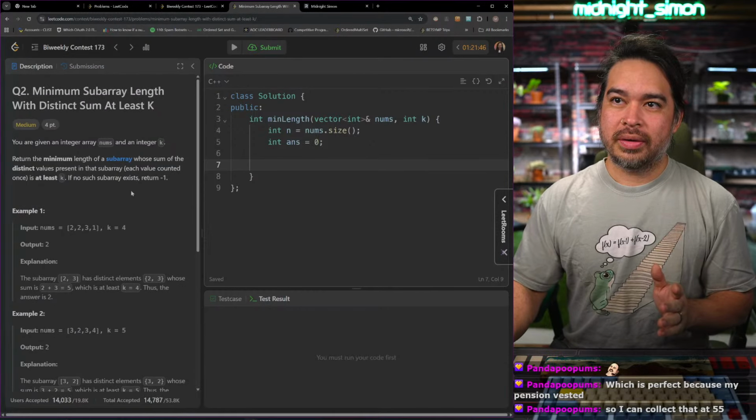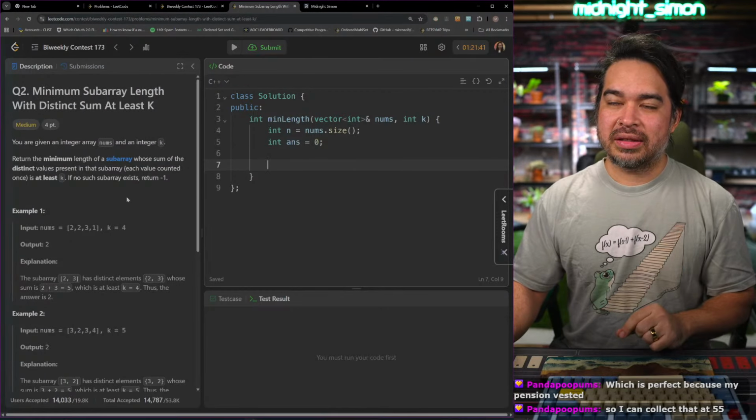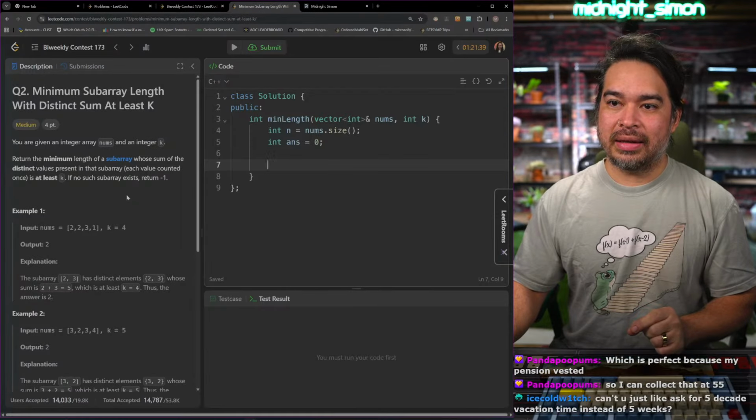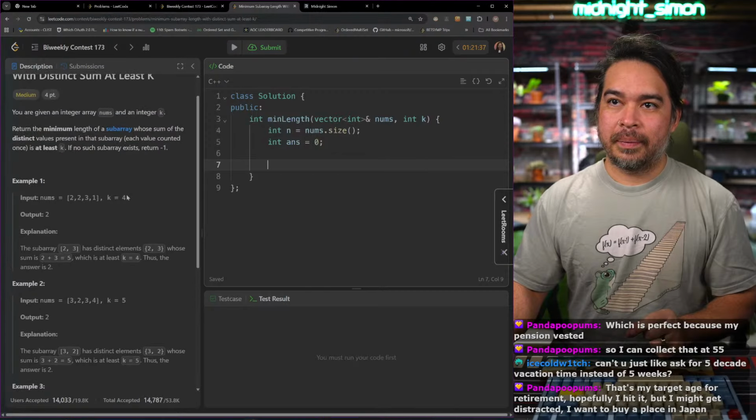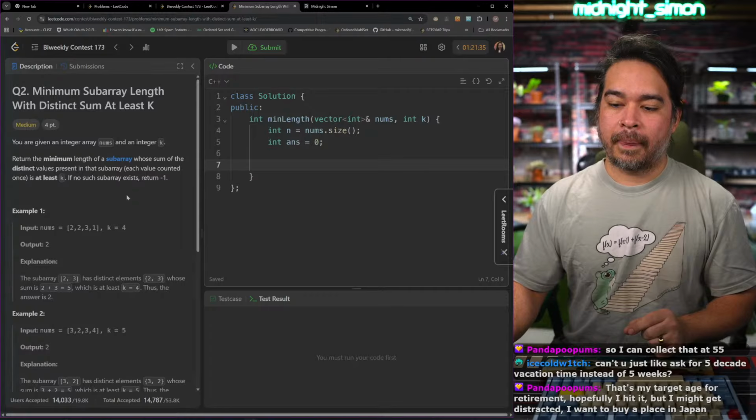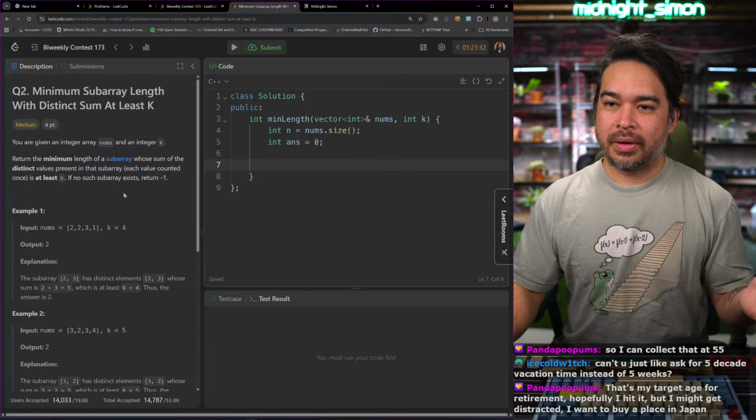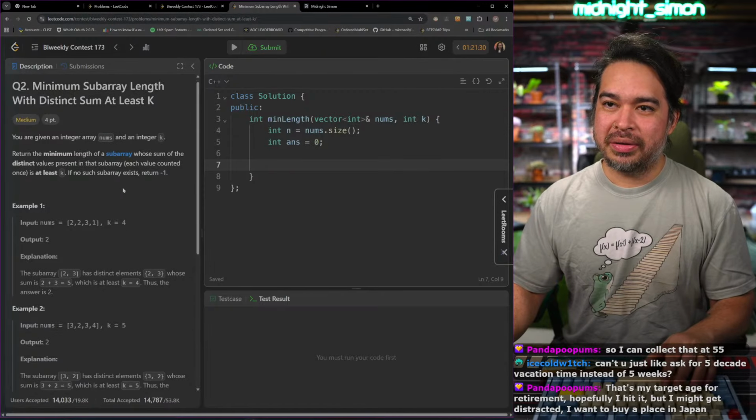What I want: minimum subarray length with distinct sum at least k. It's supposed to be binary search, right?